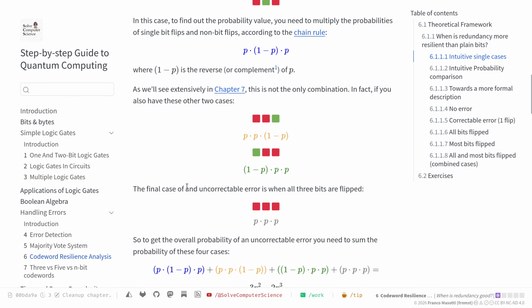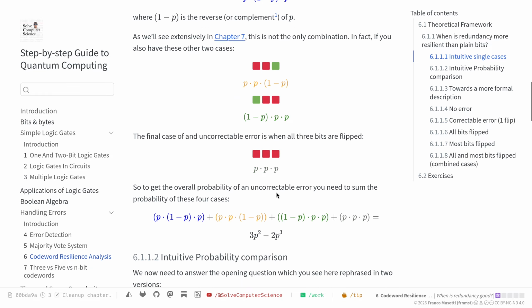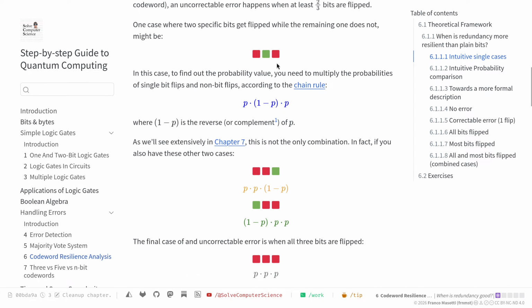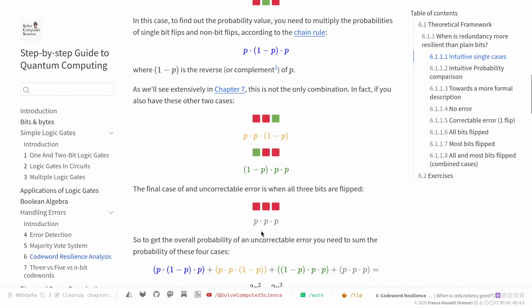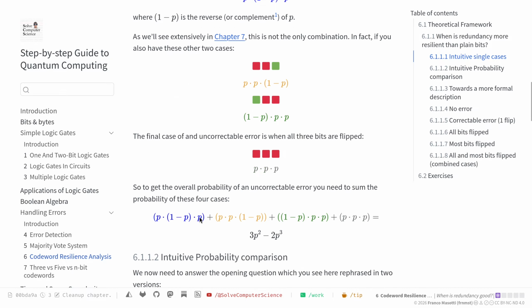And of course, you also have the case where all bits are flipped, which is p times p times p, okay? To get the overall probability of an uncorrectable error, you just need to sum all these different probabilities here, the blue one, the orange one, the green one, and the gray one. And if you do the algebra, you get 3p squared minus 2p cubed, okay?